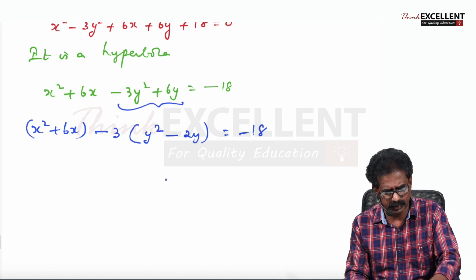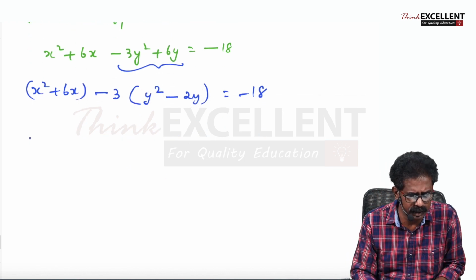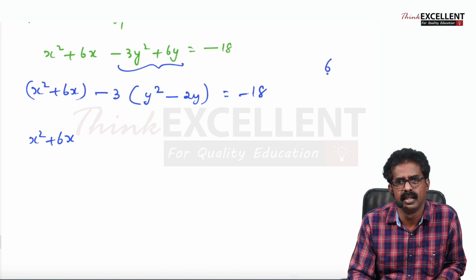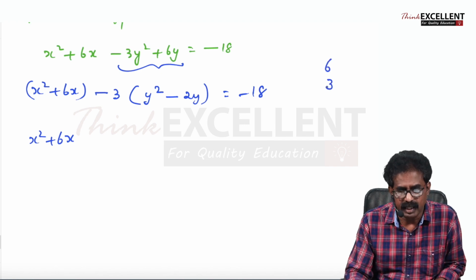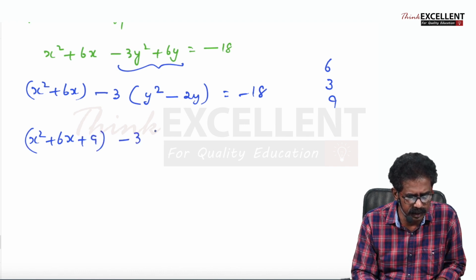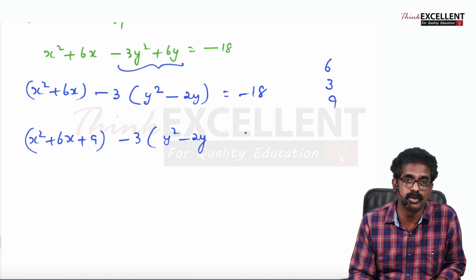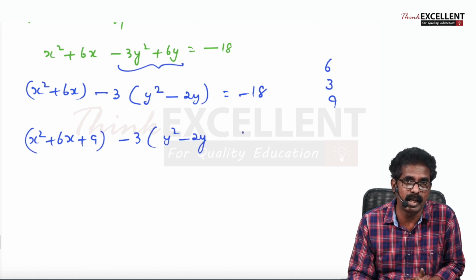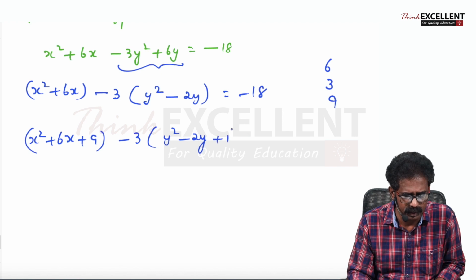Minus 18. Now you have to add a number: x square plus 6x. The x coefficient is 6, half of that is 3, square it, 9. So plus 9. Minus 3 into y square minus 2y: the y coefficient is minus 2, half of that is minus 1, square it, 1.